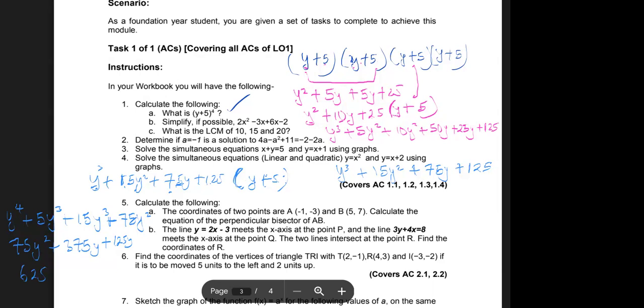I know that was a longer way, can you see? So it's y to the power of 4, plus 5y cubed plus 15y cubed, that gives you plus 20y cubed. Can you see?